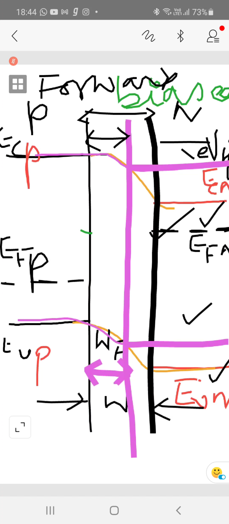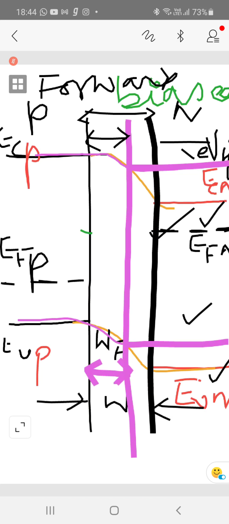So when there is application of forward bias, the ND or the doping concentration doesn't change. Therefore, the distance between EC N and EF must remain as it was before. So since the depletion width is decreasing and the energy band diagram has to be continuous, EFN moves up.